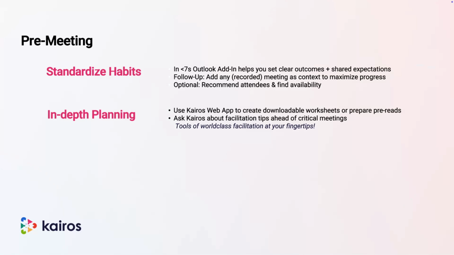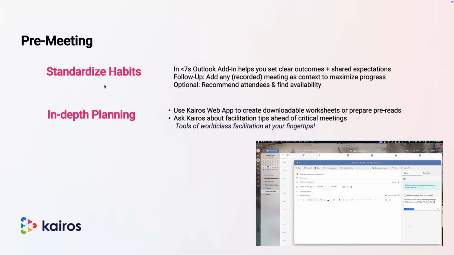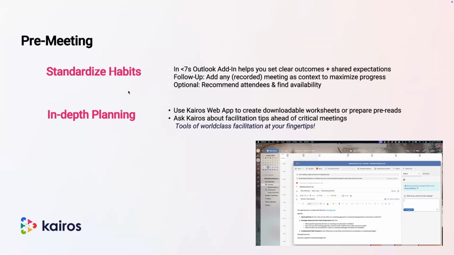Walking through specific pre-meeting workflows, here are 2 examples how Kairos helps you immediately. For one, the Outlook add-in is designed to help you set clear outcomes in under 7 seconds. If you've had previous conversations, you can reference these at a click of a button.